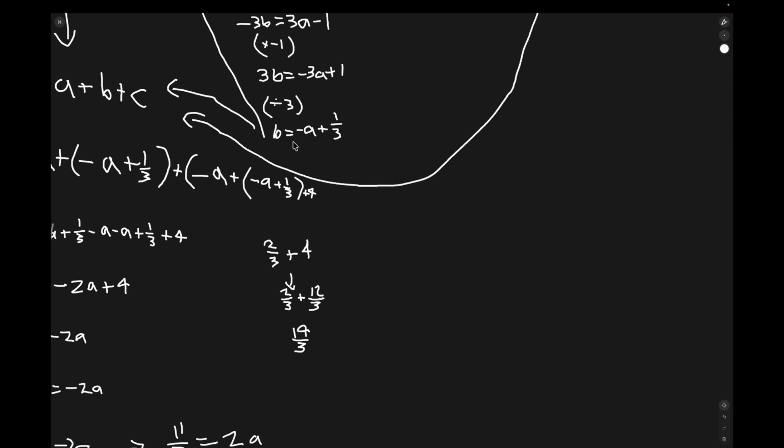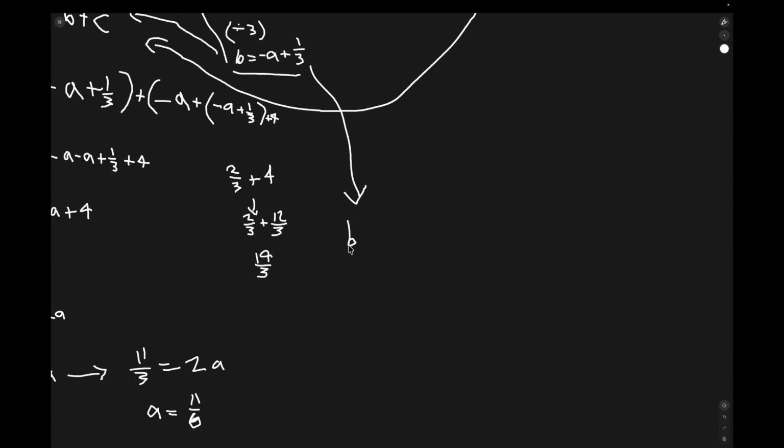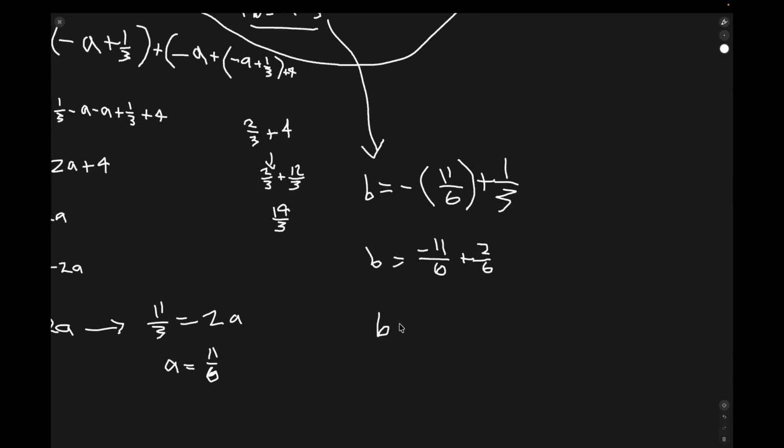So we're going to take this thing here, we isolated for b, and we're going to go b is equal to negative outside of 11 on 6 plus 1 on 3. So b is going to equal negative 11 on 6 plus 2 on 6. So b is equal to negative 9 on 6.